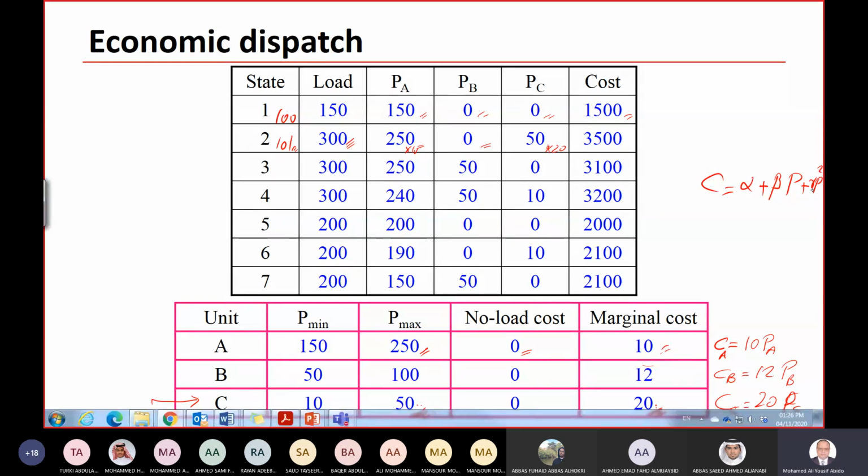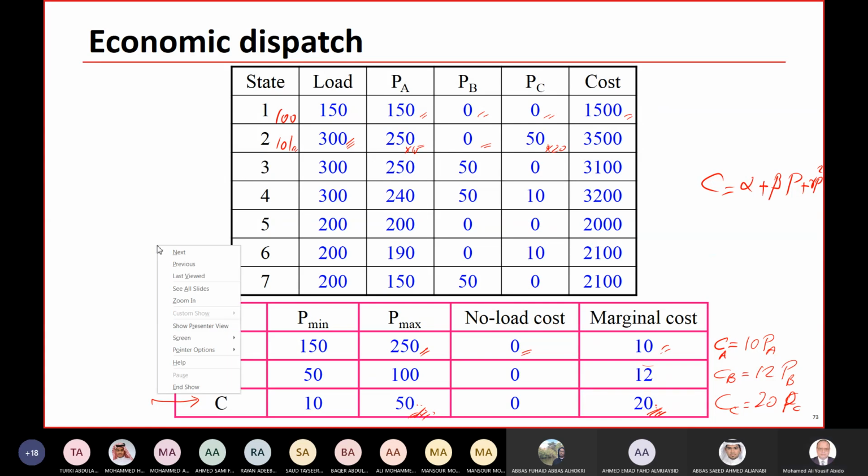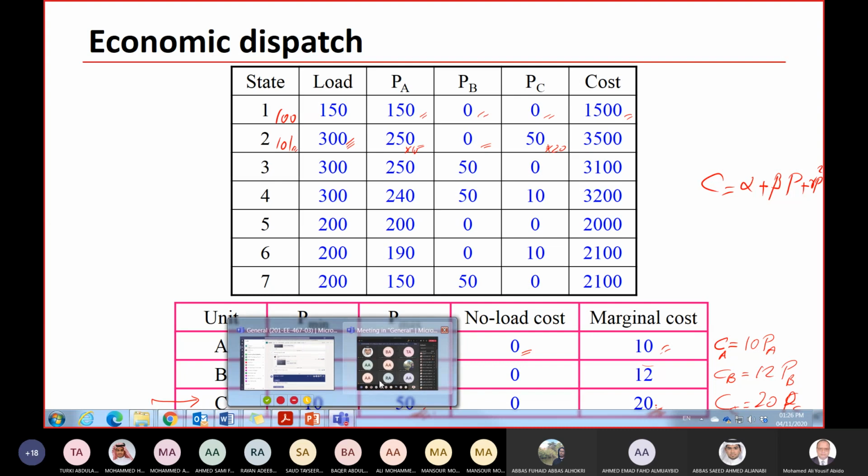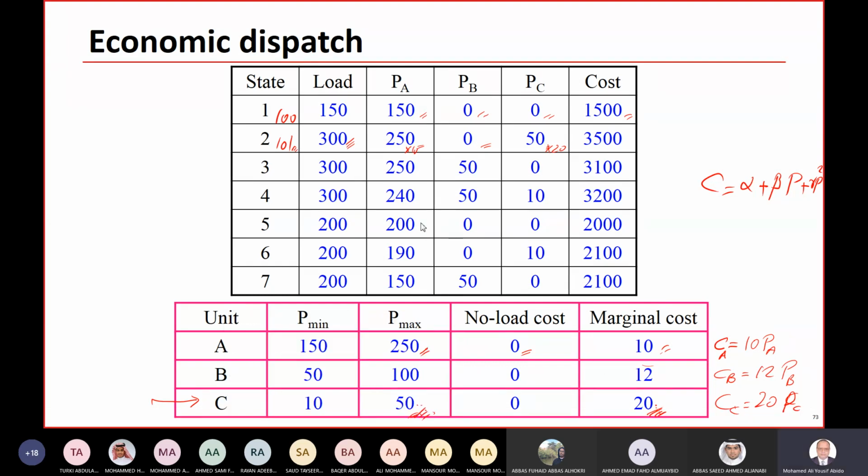So this term is diminished to 0. And in this case, lambda equals beta.